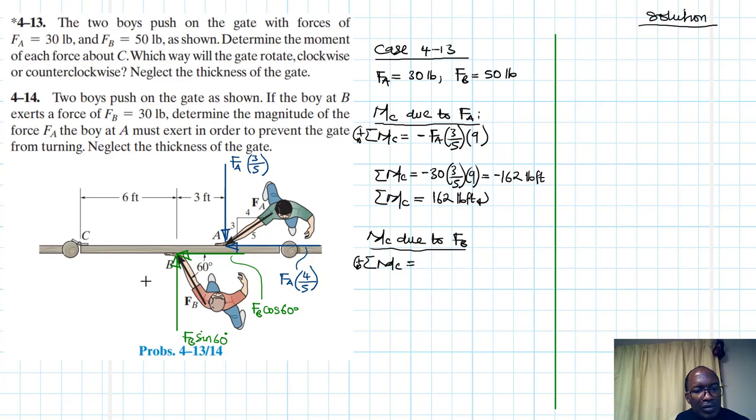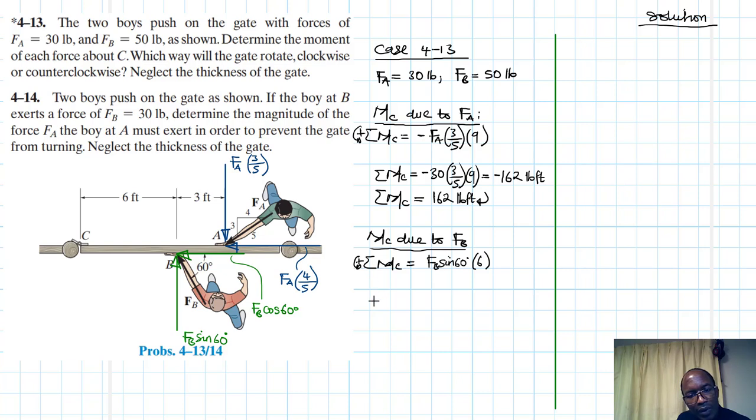This is going to give anti-clockwise, which is positive, so we say FB sine 60 times the lever arm, which is 6.